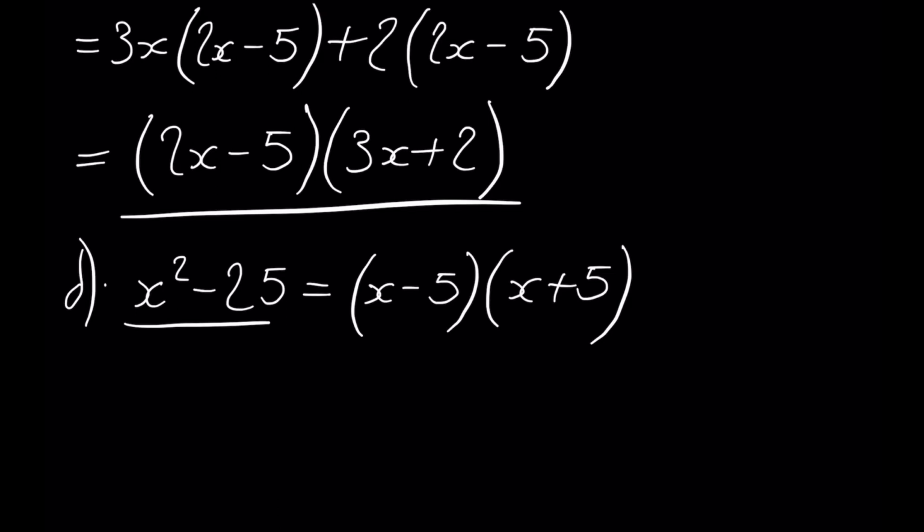If you look at this more closely, you'll see that the square root of x squared is x and the square root of 25 is 5. So literally this uses the exact same concepts we've covered above, but it's just worth noting that this can be done very quickly when you see a variable raised to the power 2 and you've got a constant which is a square, which can be square rooted.